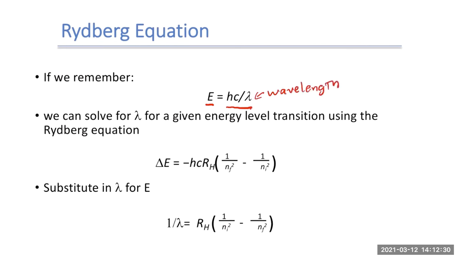So we can solve for wavelength for a given energy transition. I can solve for the wavelength for an energy transition using our Rydberg equation we looked at earlier.